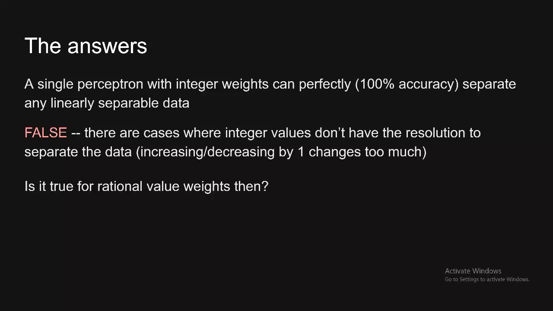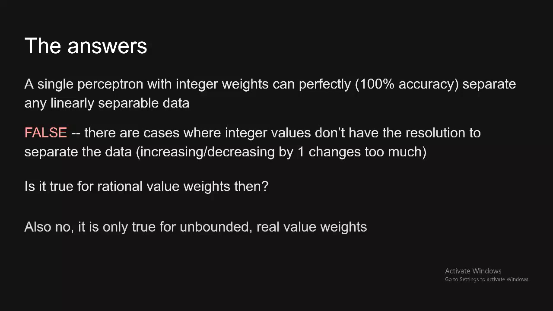Well, guess what? They can't. Yeah. To be able to do this for any linear separation, we need unbounded precision real value numbers. Crazy. That's a ton of precision that we need for just linearly separable.